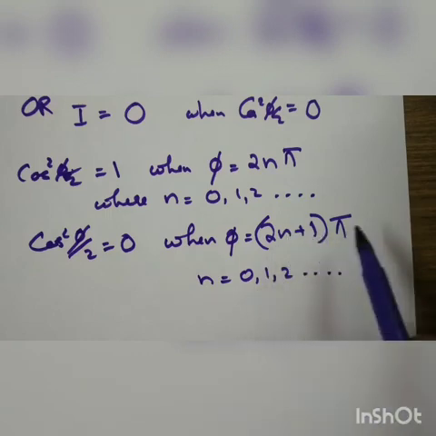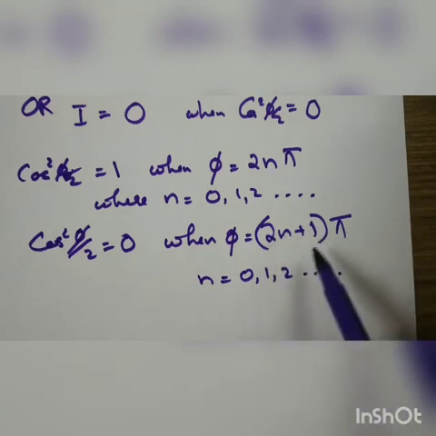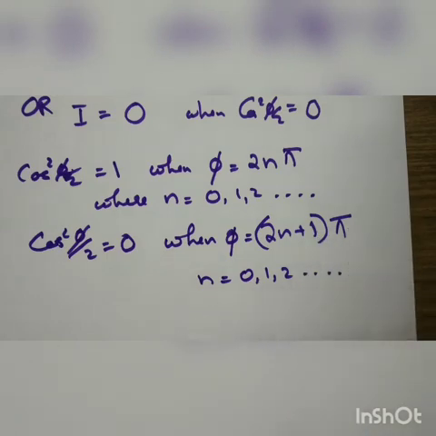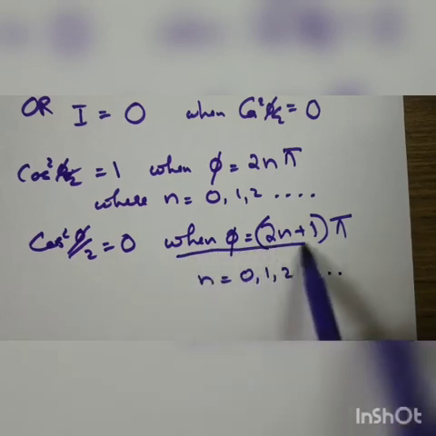When you put 1, 1 into 2 plus 1, 3 pi. That is what you get.